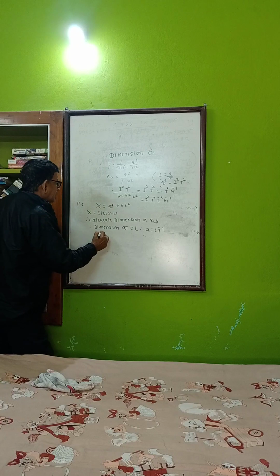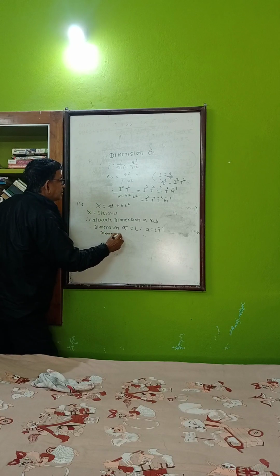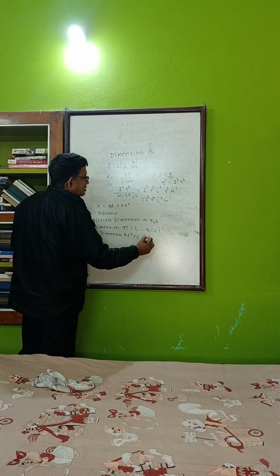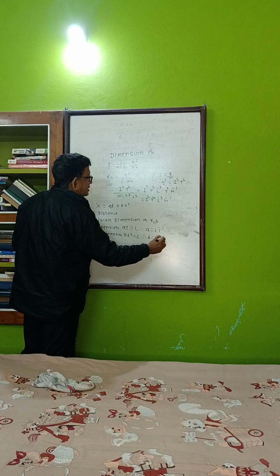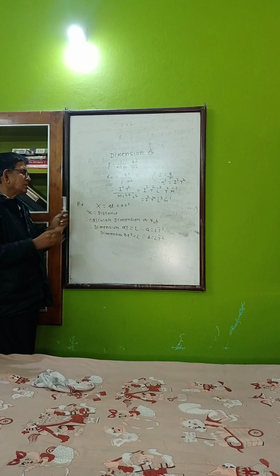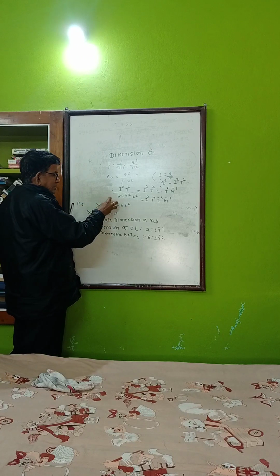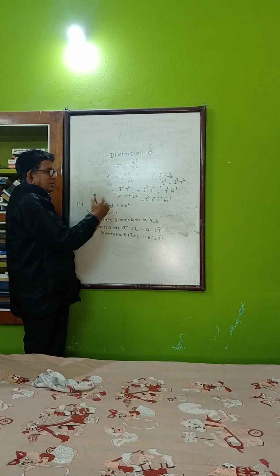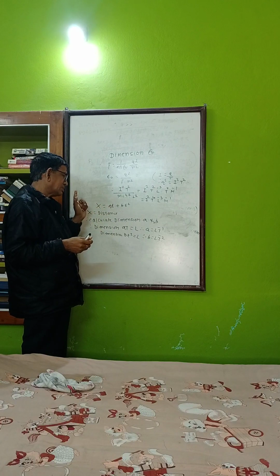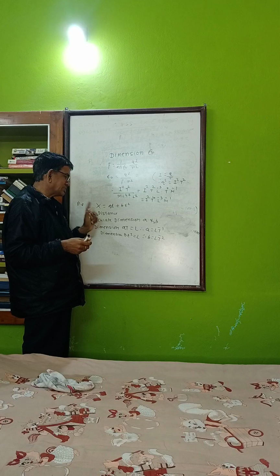Similarly, dimension of bt square equal to L, dimension of b equal to L t to the power minus 2. Now each term of right hand side separately equal to dimension of left hand side, that is displacement.